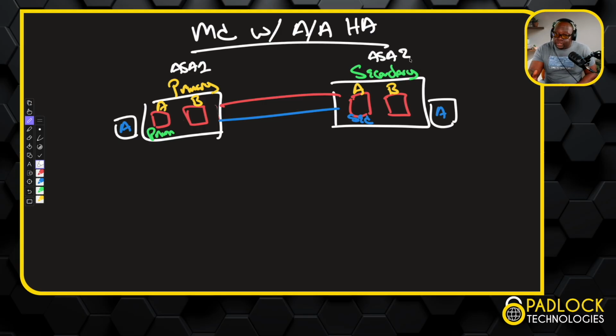All traffic will be going to ASA 1 if you weren't using active-active. Where active-active comes through, and this is the key, the primary for the B context is the secondary for that specific user context, and then the secondary is the primary.